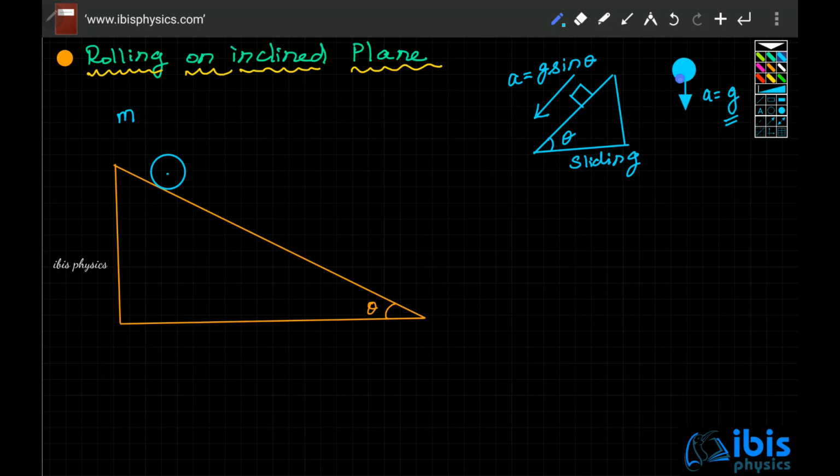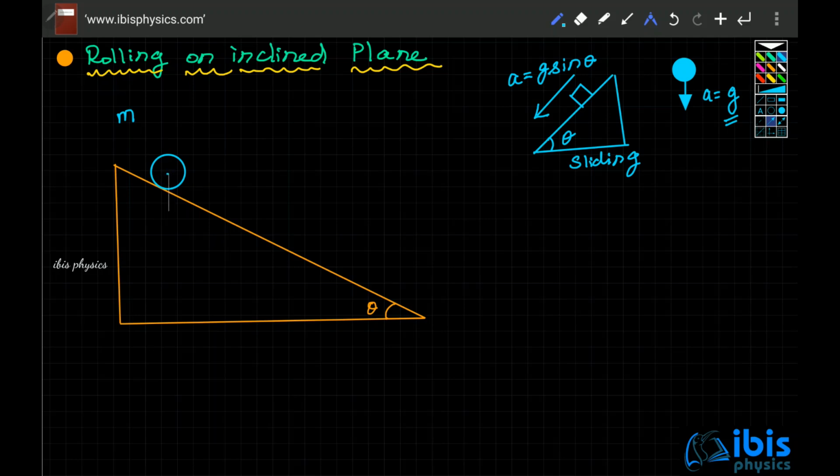In both cases gravity is there, but whenever there is a translatory motion, the force required depends on the mass, and whenever there is a rotatory motion, the force required depends on the moment of inertia. So the contribution of moment of inertia will be there, and that's what we are going to find out now.